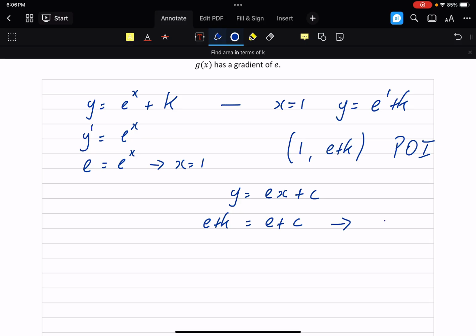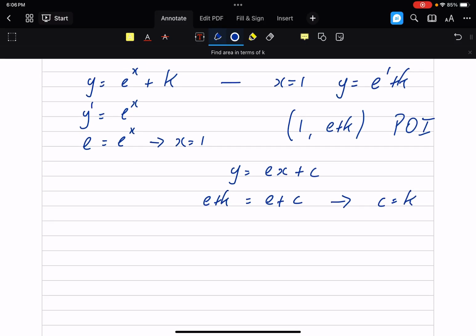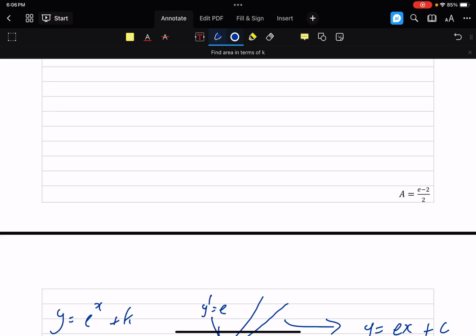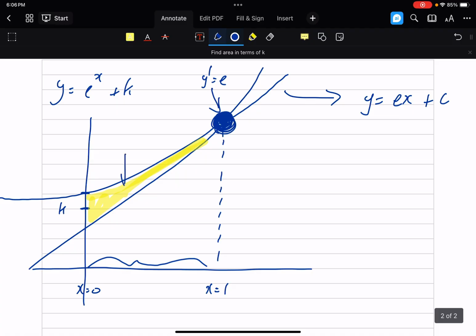Rearrange that and you'll get c equals k. So our two functions are the exponential and the tangent, e times x plus k. And we want to find the area between them.